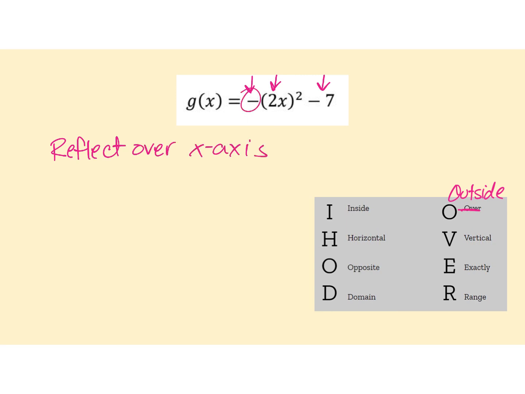That's this piece here. Then this is inside. So inside is horizontal. It's a larger number, so that means it's going to get more narrow. So this would be a horizontal compression.